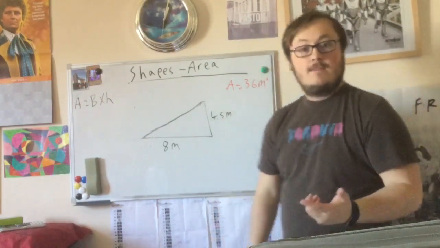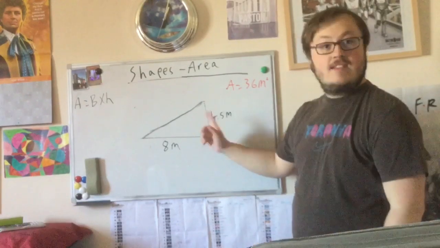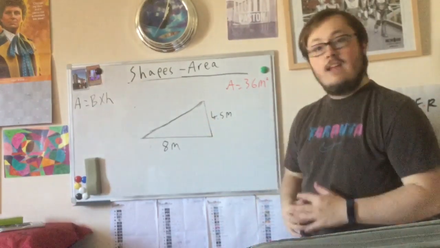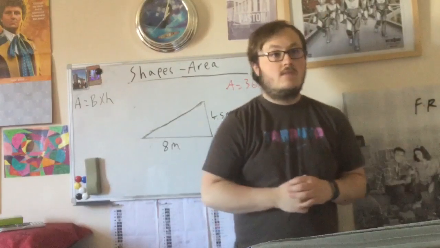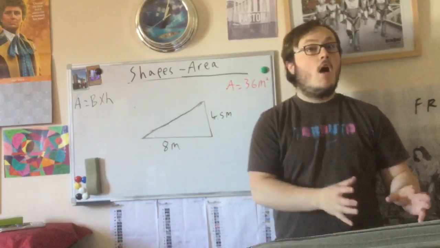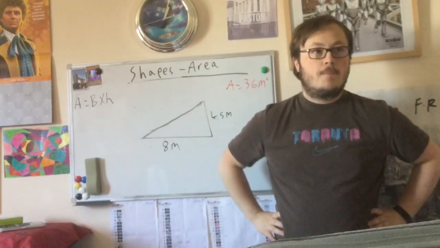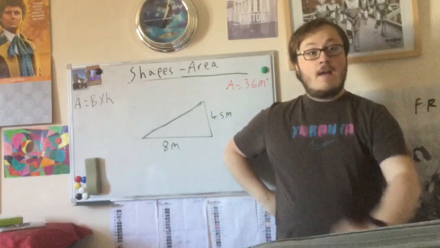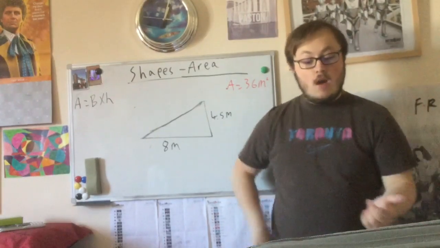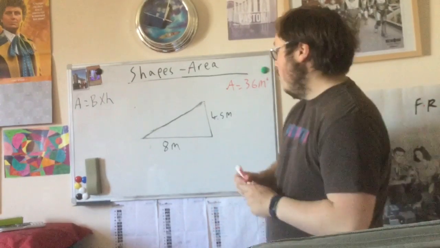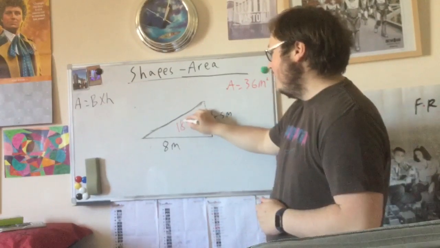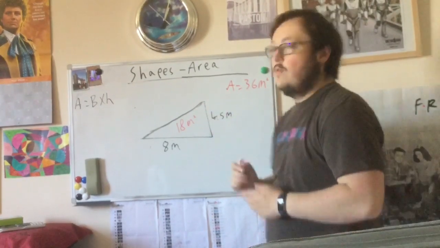The clue is that when I put 2 of these together, I had a rectangle with an area of 36 metres squared. So this triangle is half of the rectangle. So because we have half the space we started with, the area will be 18 metres squared.